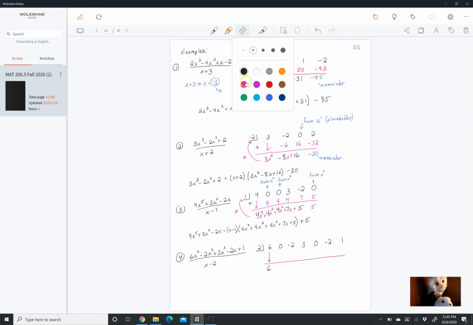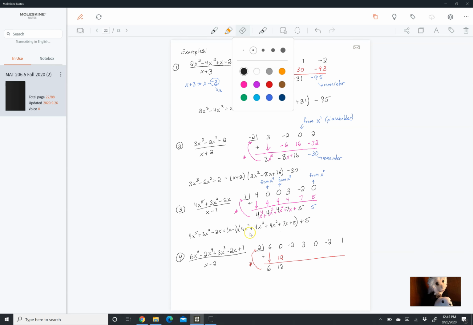Then we're going to be multiplying. Bottom row gets multiplied by the divisor. So 6 times 2 is 12. And then we add the 2 rows. So 0 and 12 is 12.